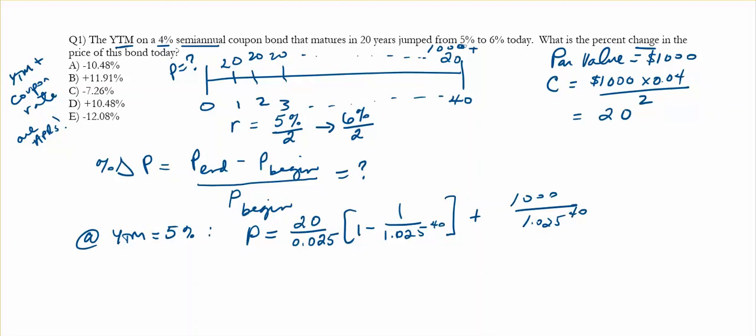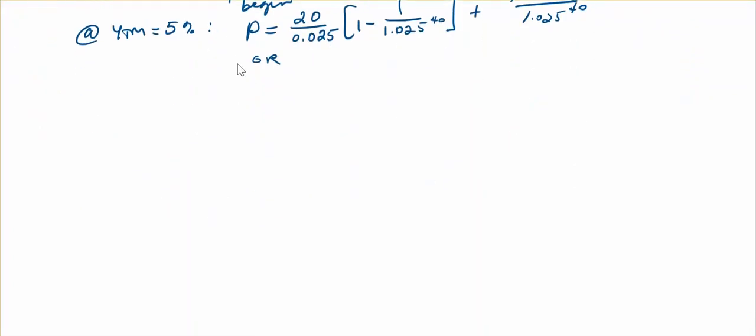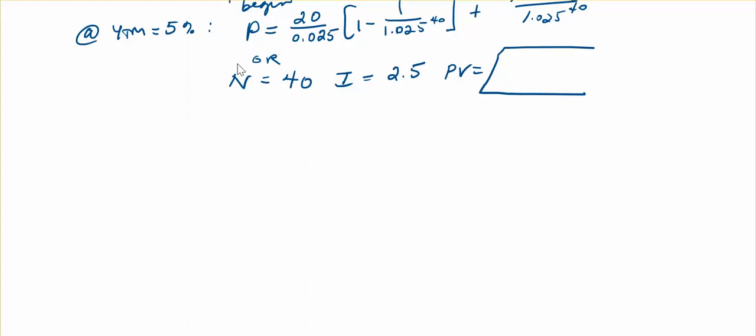Or we can use our financial calculator to do this formula for us, starting with the N is 40, the interest rate is 2.5, we want to know the price, which is the present value, the PMT is 20, and the FV is 1,000.